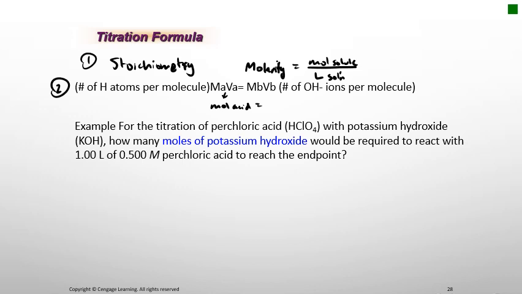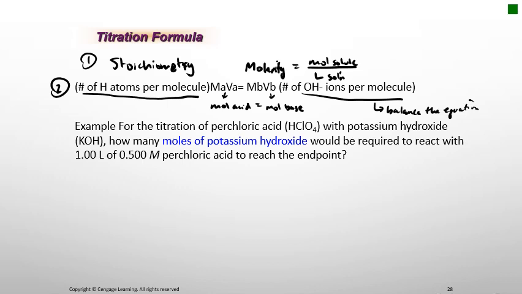And then the MB times VB, that would be equal to our moles of the base. This last component, the number of hydrogens or the hydroxides, is essentially used to balance the equation. And I'll show you how that works here in just a moment.